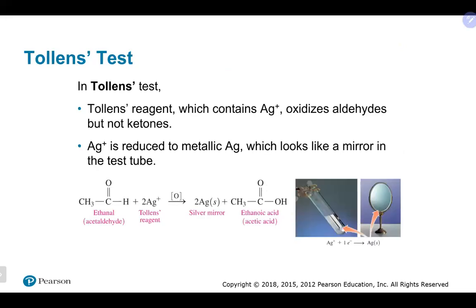All right. Now let's talk about a couple of tests that help us distinguish aldehydes from ketones. Because the aldehyde, as we just saw, can go that extra step, and our aldehyde, like we see here, can be oxidized to our carboxylic acid.